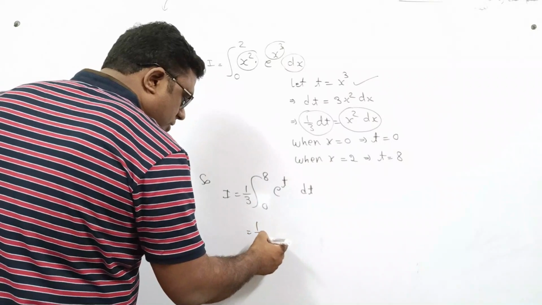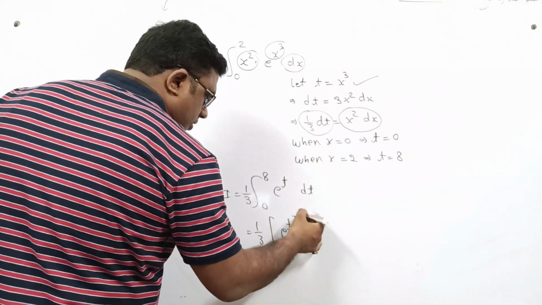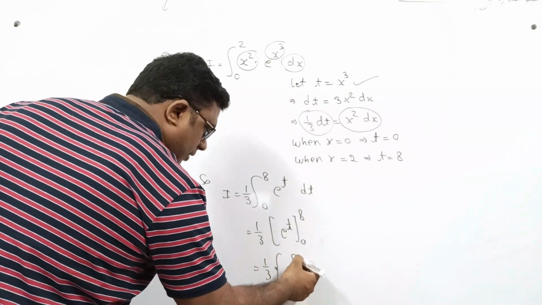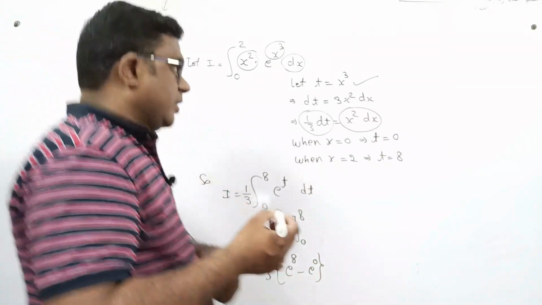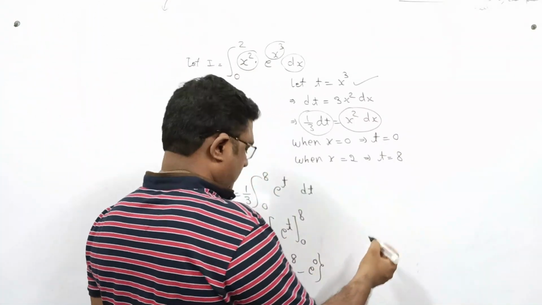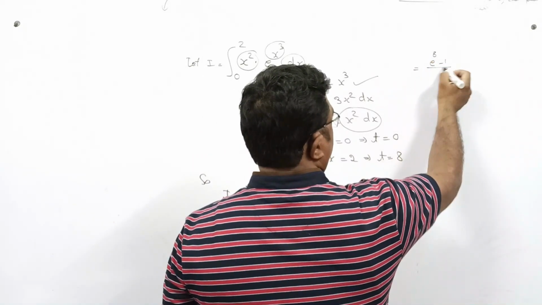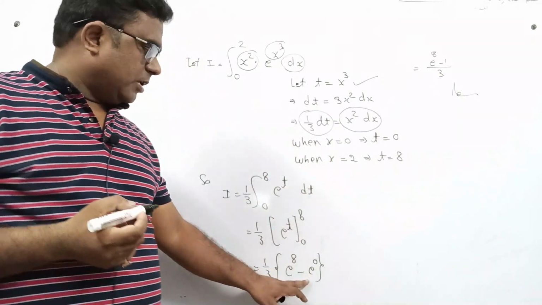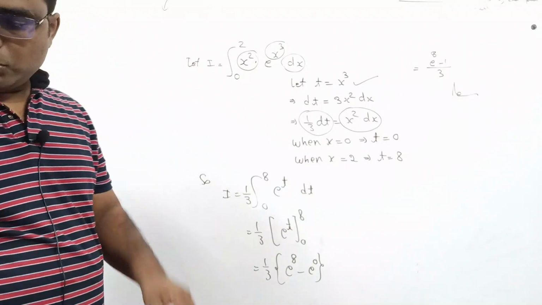We know that the integration of e power t is e power t, with limits 0 to 8, equal to 1 upon 3 times curly bracket e power 8 minus e power 0. After simplifying, our answer will be (e power 8 minus 1) upon 3, because e power 0 becomes 1. So (e power 8 minus 1) upon 3 will be the answer for this question.